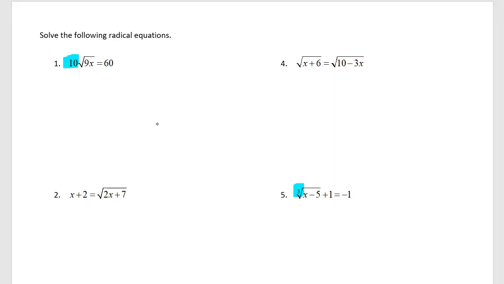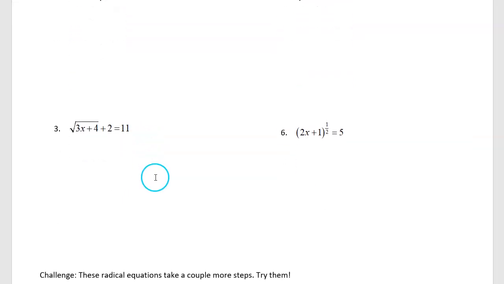Like in this first problem here, the first thing you want to do is divide both sides by 10, and so you can get that square root of 9x by itself. As you get down to other problems here, the first thing you want to do is get rid of this +2. So you want to subtract 2 from both sides, and that will isolate that radical and then carry on from there.